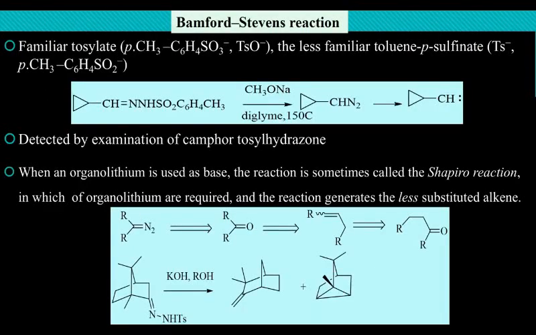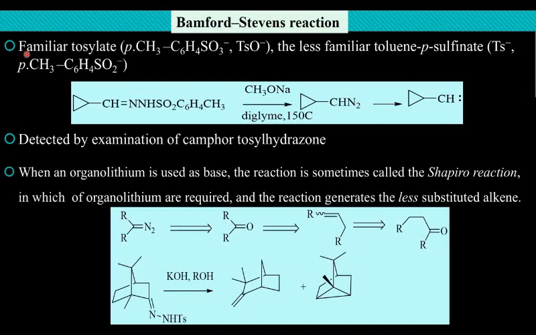Next is the Bamford-Stevens reaction. The leaving group which is quite familiar is tosylate, but a less familiar toluene para-sulfinate is also there. When this compound reacts with a strong base, the sulfinate group is easily removed due to its good leaving ability, and a diazomethane derivative is produced, which in the next step produces carbene by the elimination of nitrogen.